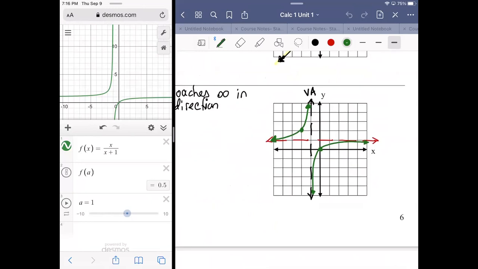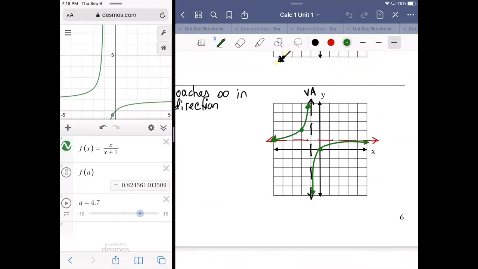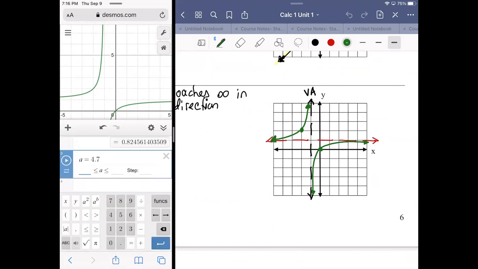So what I can do here is, instead of -10 to 10 on my slider scale, which doesn't really tell me much, let's say I want to go from -2 to -1. So I'd make my low bound a -2, my high bound a -1.